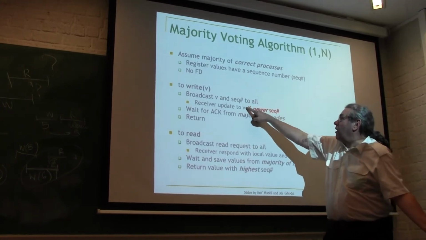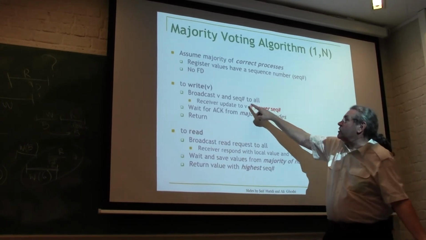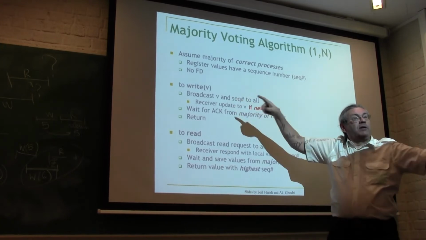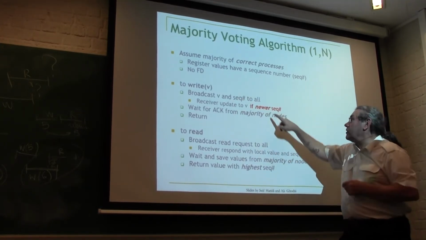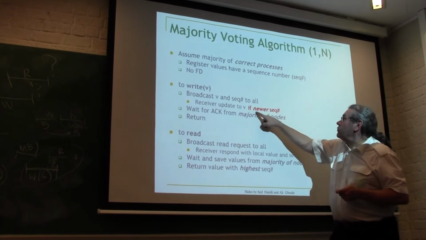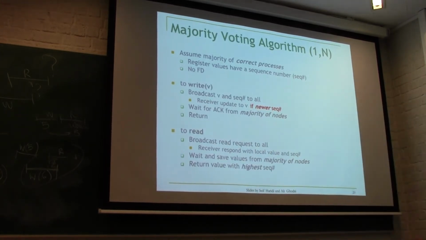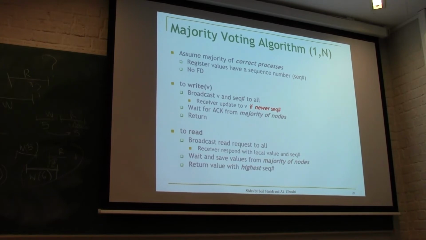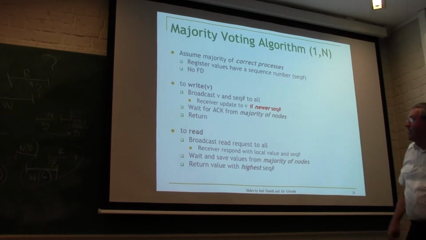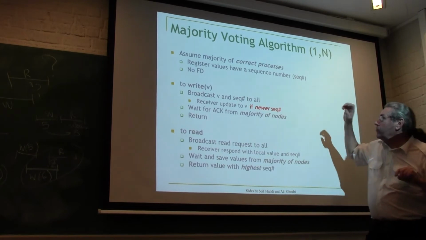That's logical. I don't update if it's an older sequence number that somehow survived and comes in. So I need to do this condition. Otherwise it's buggy. You see that? I think that covers your question, does it? Sort of, okay. Now the algorithm is correct.